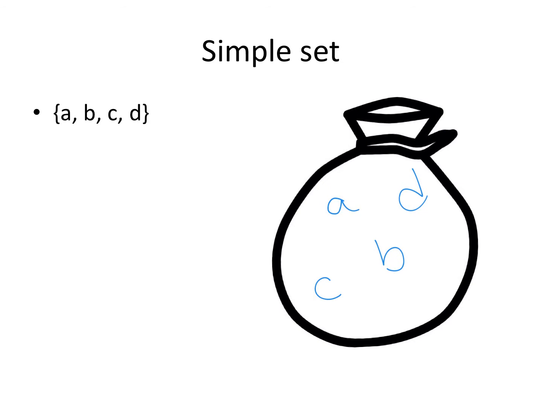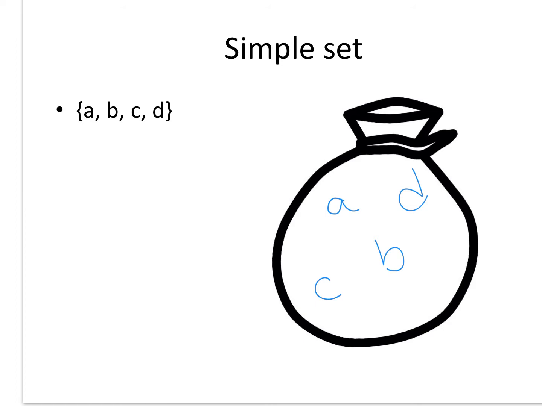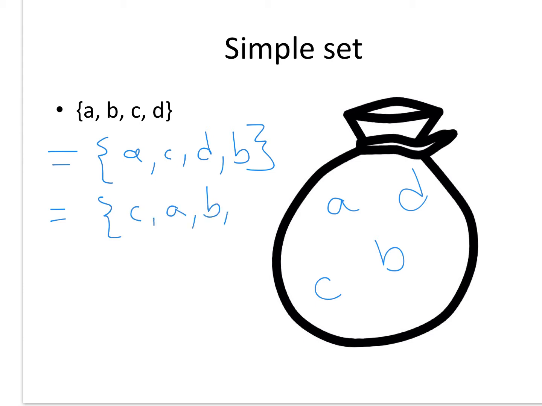That means that this set that I have here is actually exactly the same as the set containing A, C, D, and B. And that's the same as the set containing C, A, B, and D, right? Order does not matter in a set.